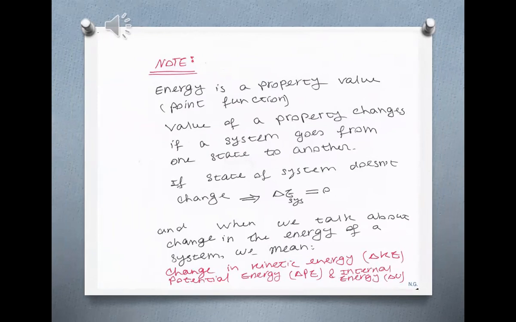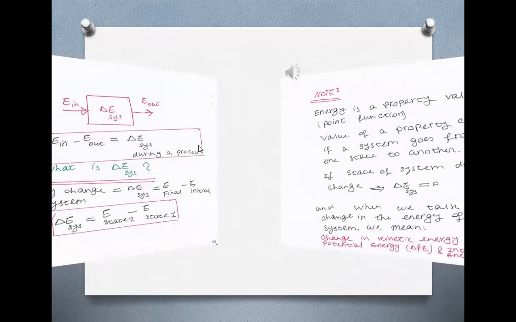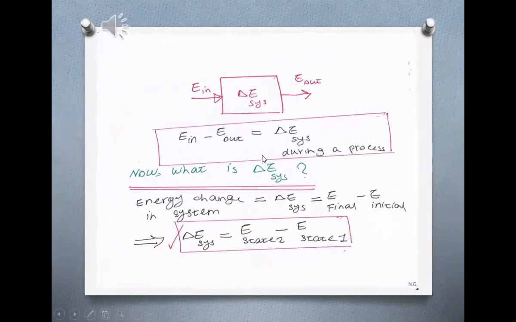So when we're talking about change of energy of the system, we should think of changing kinetic energy, delta KE, change in potential energy, delta PE, and change in internal energy of the system, delta U, right? Again, we just focus on the right side of this equation.